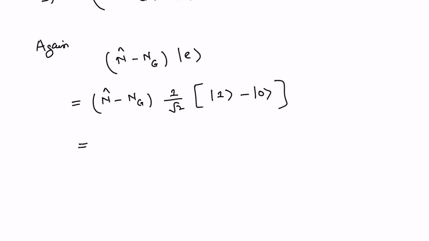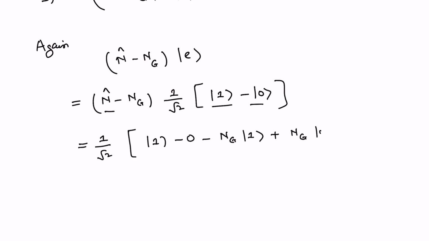Again, doing this calculation, I am going to have 1 by root 2, the number operator operating on ket1 and ket0 is going to give me ket1 minus 0, right, minus nz ket1 plus nz ket0.